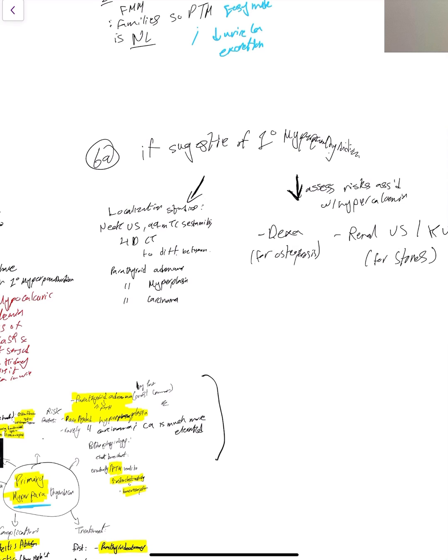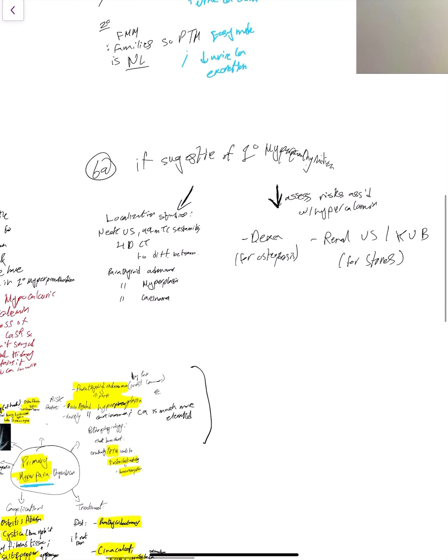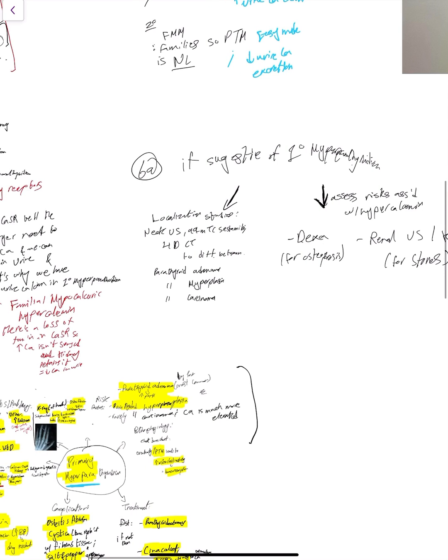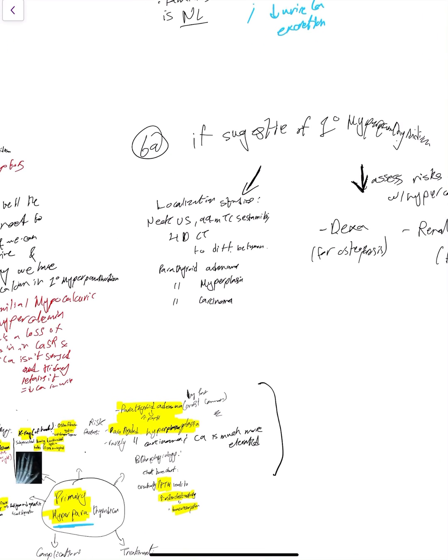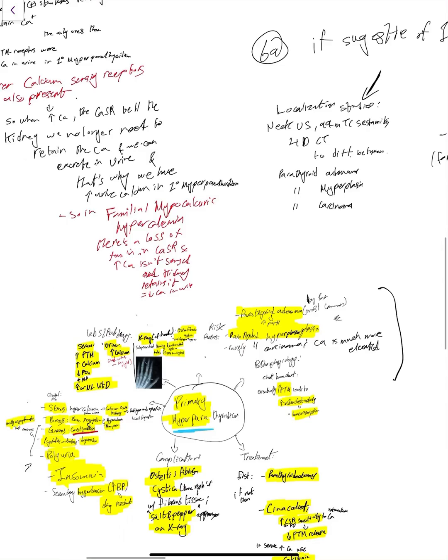One, there are studies for risk assessment, like DEXA scans for bone manifestations, and then renal ultrasound or kidney, ureter, bladder imaging to assess for stones. Then there are studies to differentiate between the types and to confirm the diagnosis, localization studies like neck ultrasound and other studies, to differentiate between parathyroid adenoma, hyperplasia, or carcinoma.